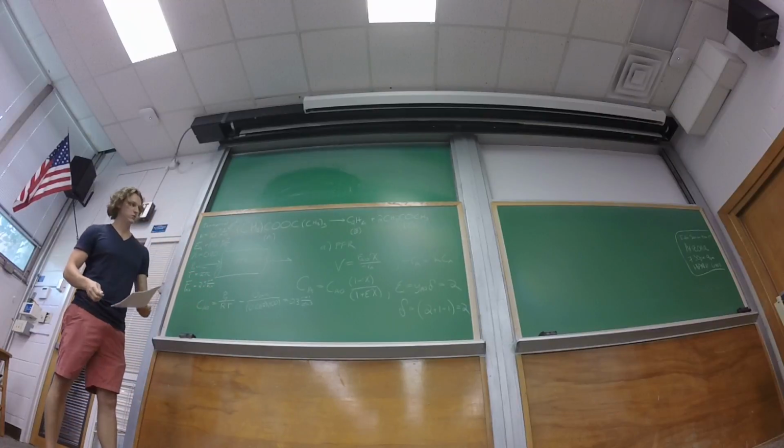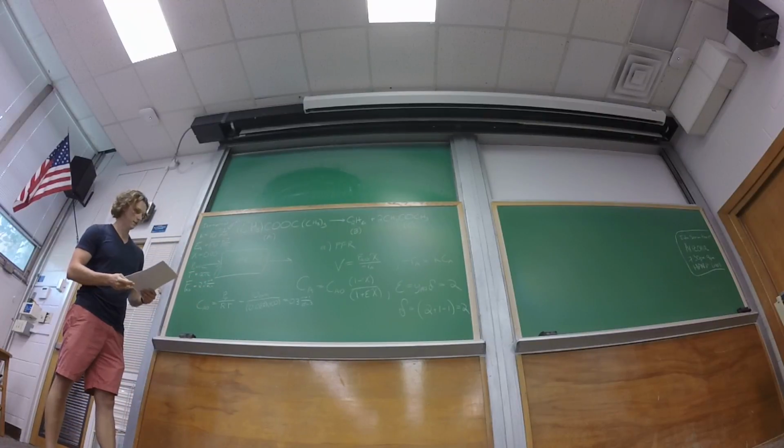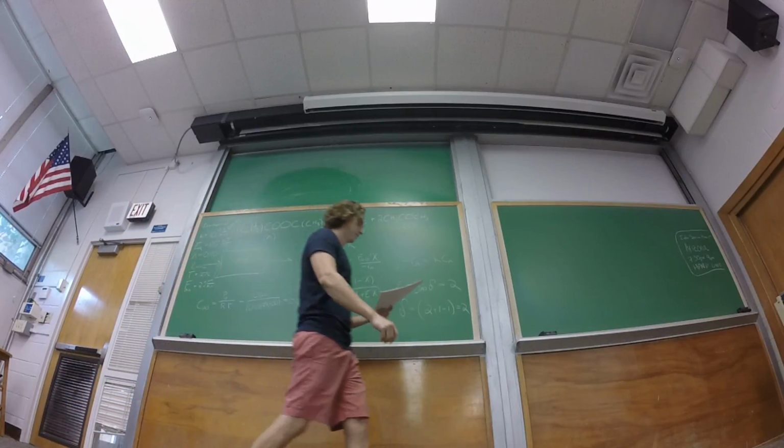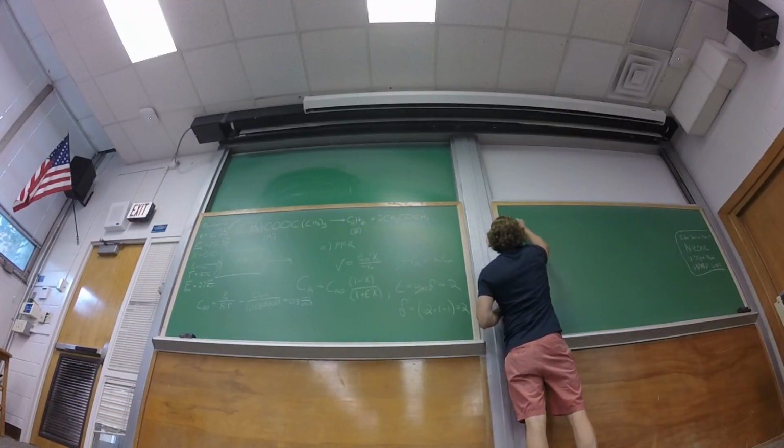Now you know your initial concentration, you know your epsilon, and you have two functions of X and C_A. So you can use your design equation, which does become an integral because it's a PFR.